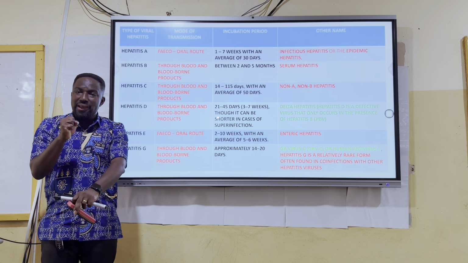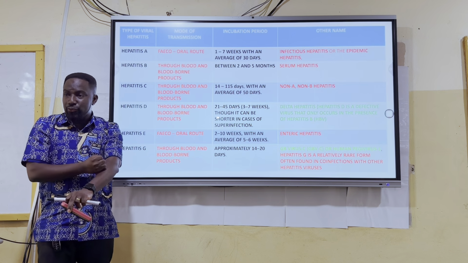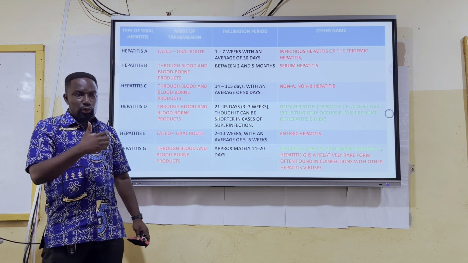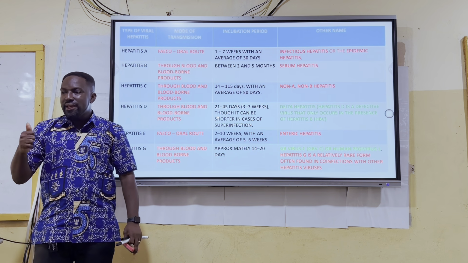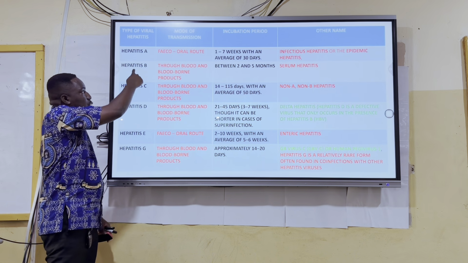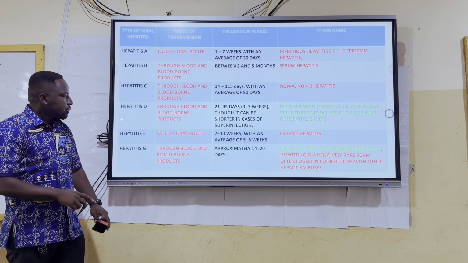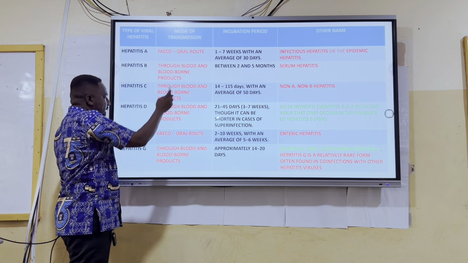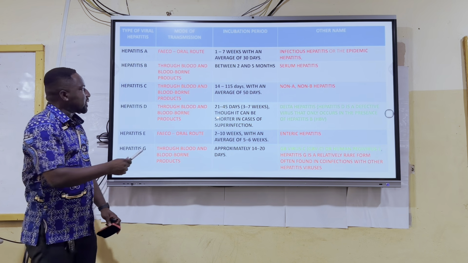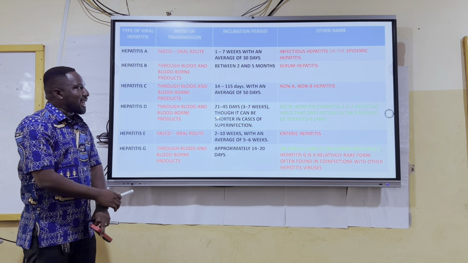When that instrument is not properly sterilized and is also used on you in the process of tattooing, automatically you can also end up having hepatitis B, C, D. But for all of them, the most common is hepatitis B. So A and E are through fecal-oral route, and B, C, D, and G are through blood and blood-borne products.